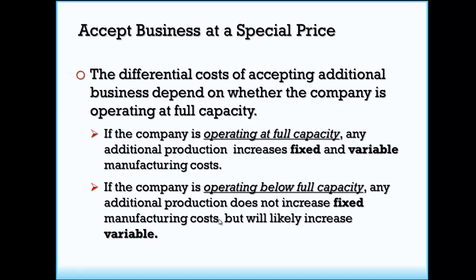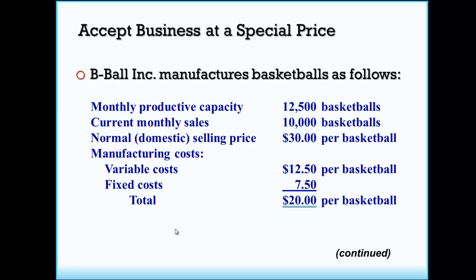But if we're making nuts and bolts or cereal or whatever it is, the direct materials and direct labor costs would likely increase. So for B-Ball Incorporated, they manufacture basketballs, and currently their monthly productive capacity is 12,500 basketballs, and they're only selling 10,000 basketballs.